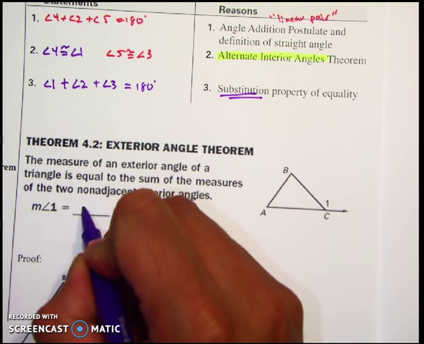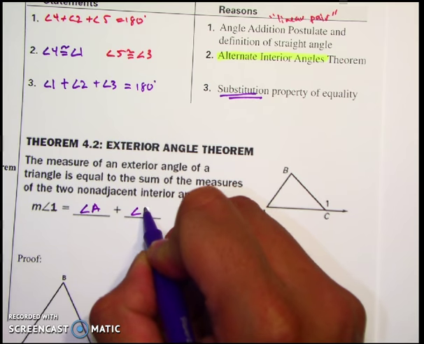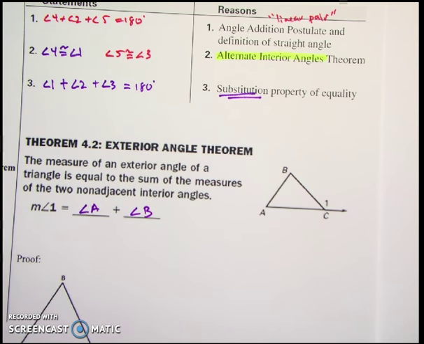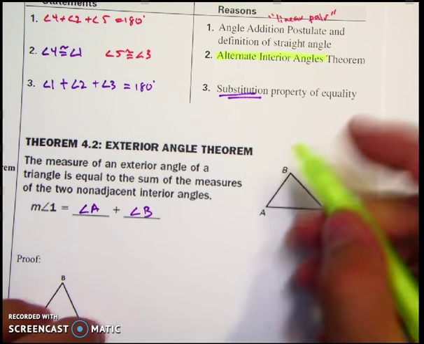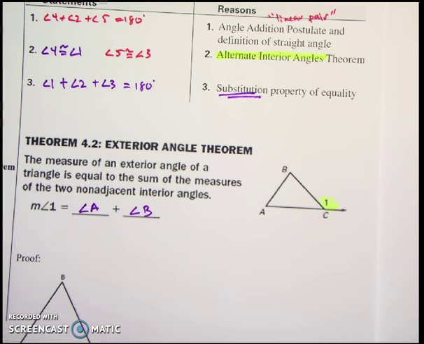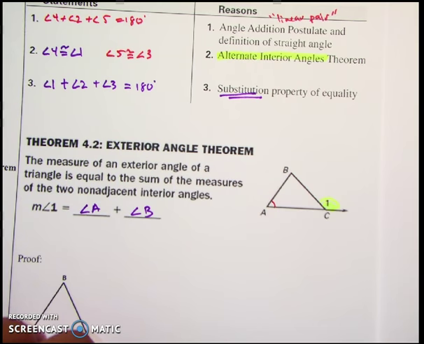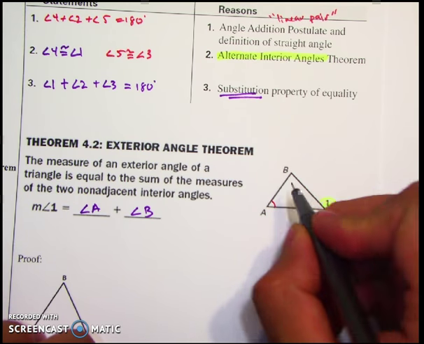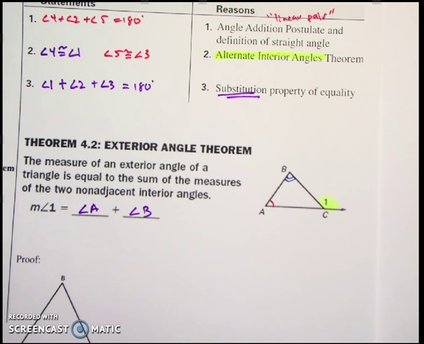The angle 1 is equal to angle A plus angle B. So they want to show you that angle 1 right here, the outside exterior, is equal to the sum of angle A plus the sum of angle B here. Okay? And that one's really easy to prove.